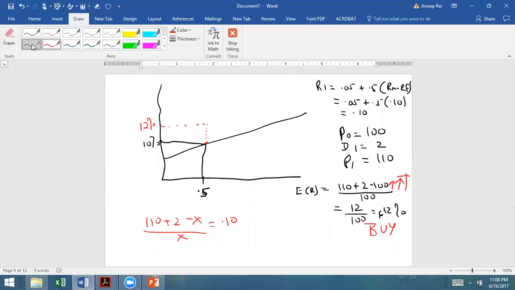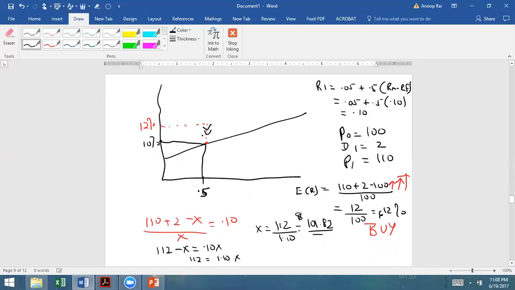So if I were to solve this algebraically, it'd be 112 minus X equals 0.10X, so 112 is equal to 1.10X. X is equal to 112 divided by 1.10, which is $101.82.